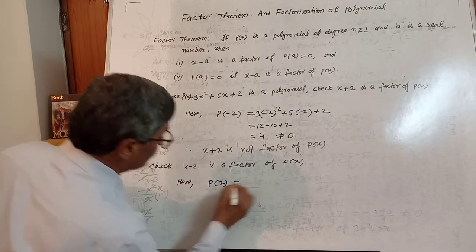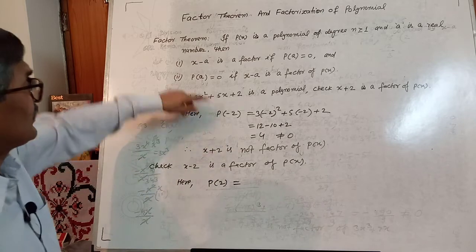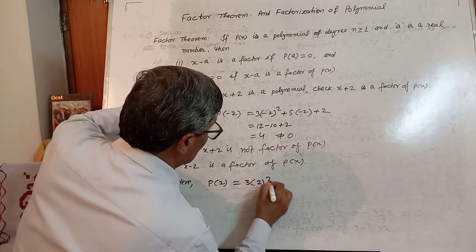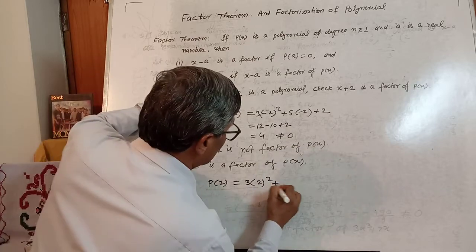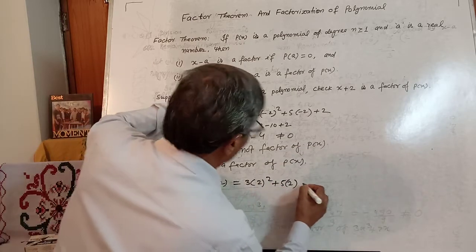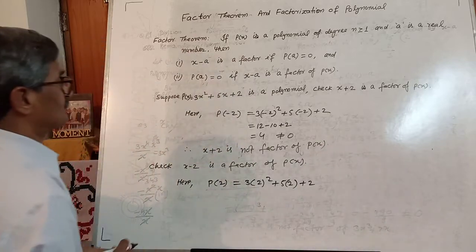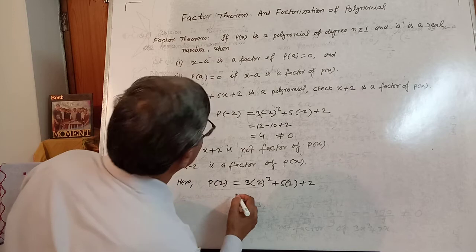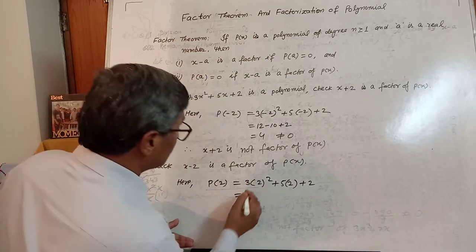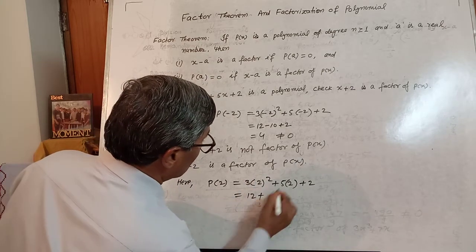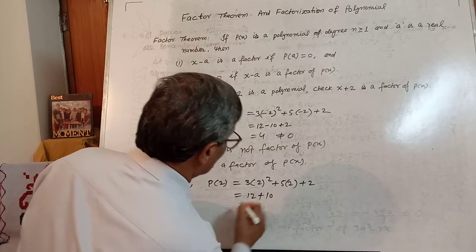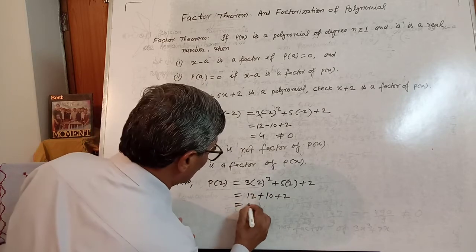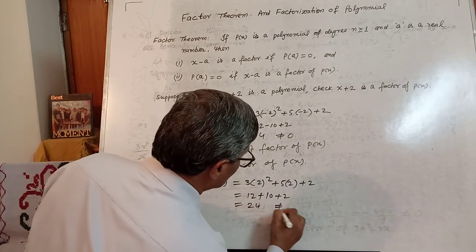We are going to find the value of p(2), putting 2 in p(x): 3 into 2 square plus 5 into 2 plus 2. So what are we getting? Again 12 plus 10 plus 2, that is 24. Again this is not equal to 0.